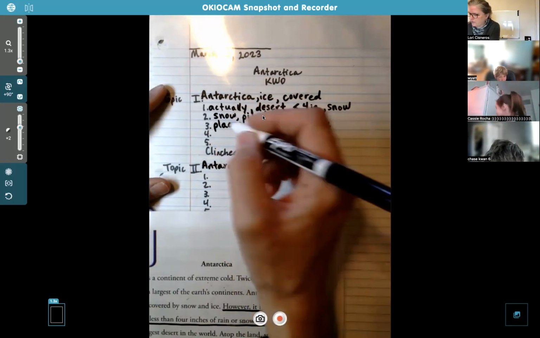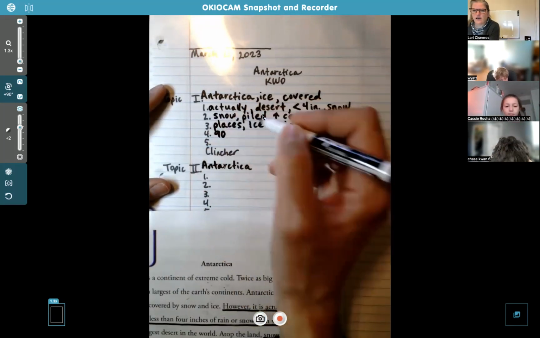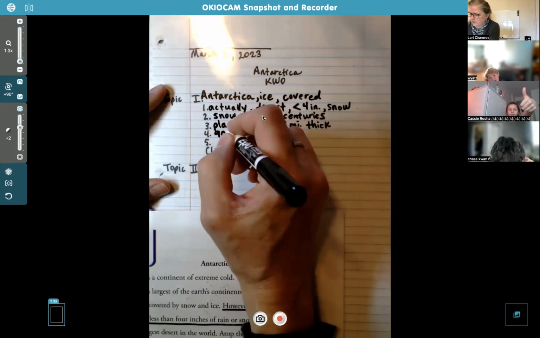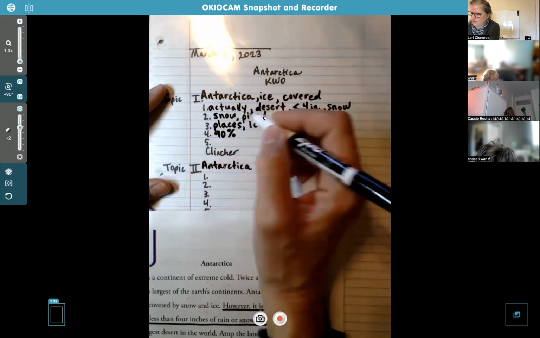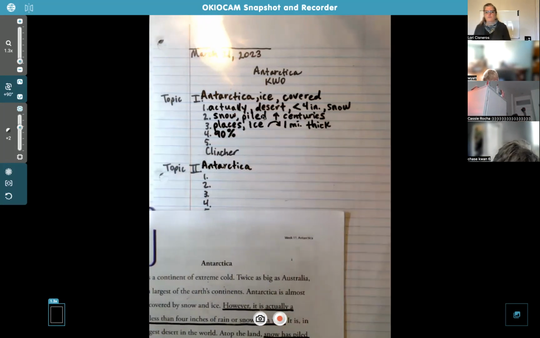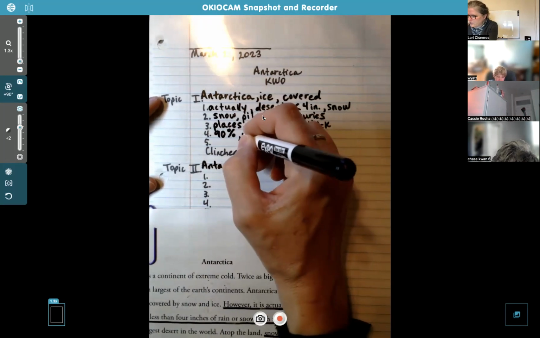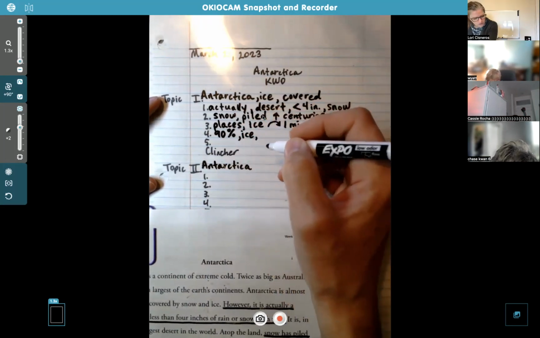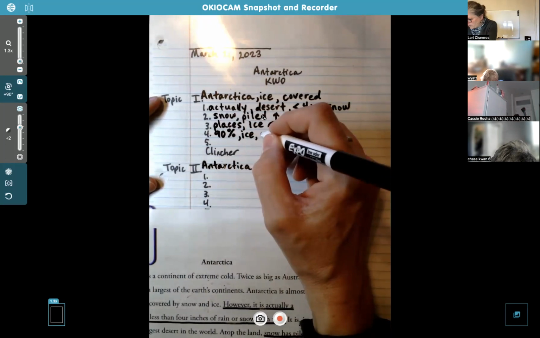Now we can write that with a percent sign. Do you guys know how to do that? It looks like a little tiny O and then a diagonal line and then another little tiny O. That's how you write percent. So 90%. And then I like that, Chase, ice. But I do think we need the word Earth.